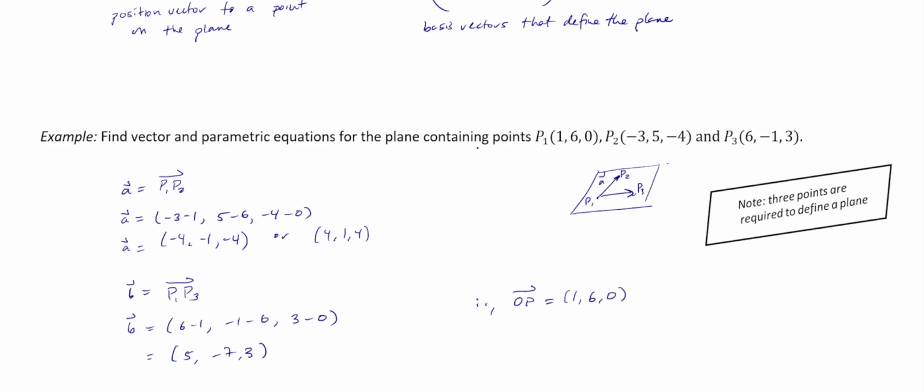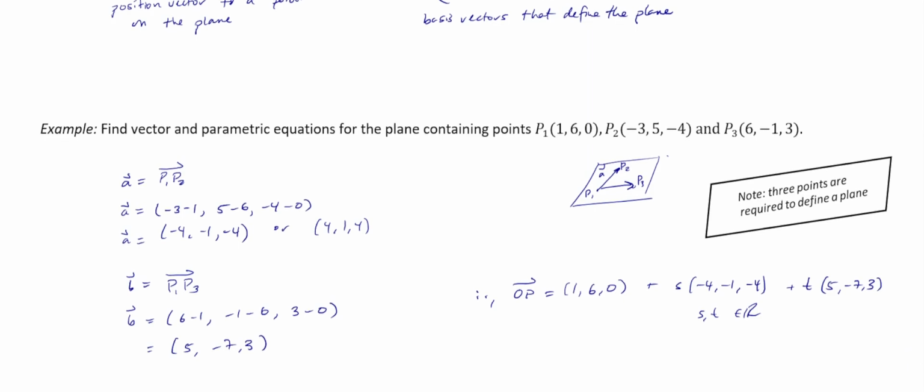I could have used any of these points, by the way. And now I just add my basis vectors. So s times (-4, -1, -4), plus t times (5, -7, 3), where s and t are elements of the real numbers.